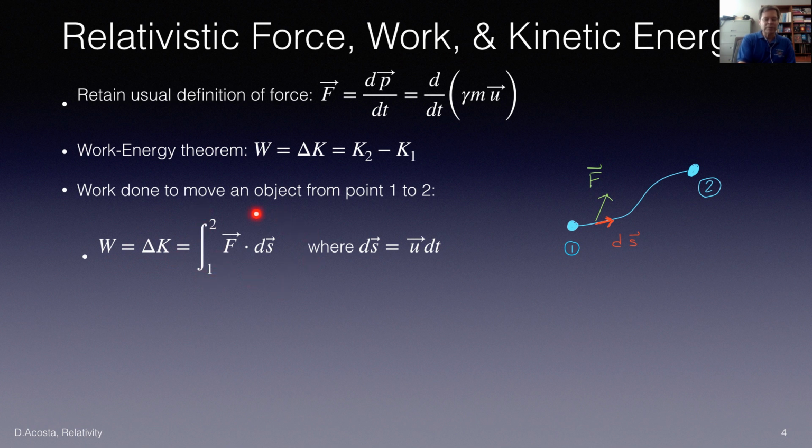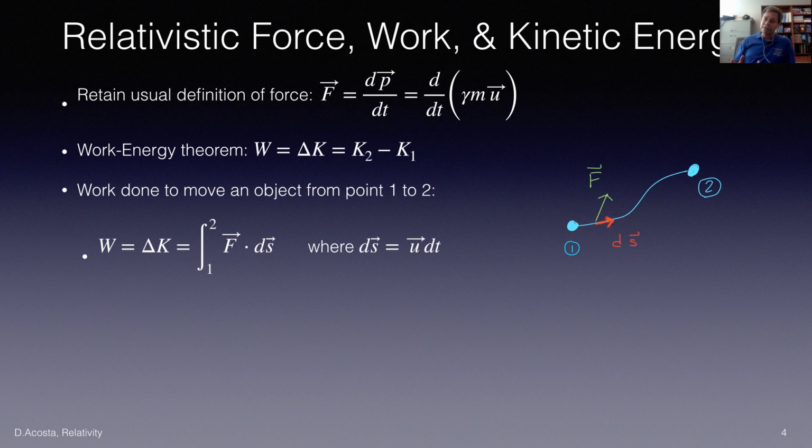And what is work? Well, that's force times distance, but in vector form, it's a scalar dot product, F dot ds, where ds is an infinitesimal unit of length along our curved path from point 1 to 2. I'm just assuming an arbitrary shape, so it may be curved. And F dot ds is the projection of the vector F onto the direction of ds.